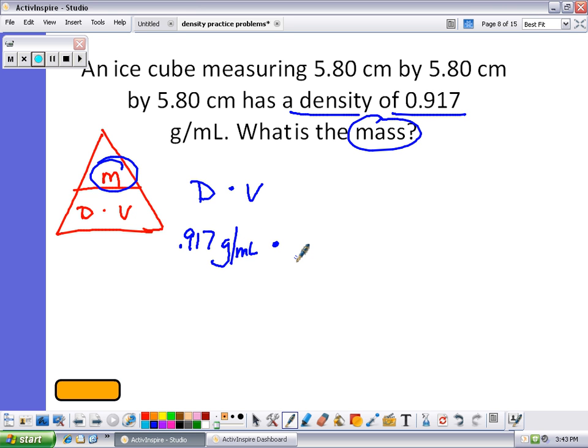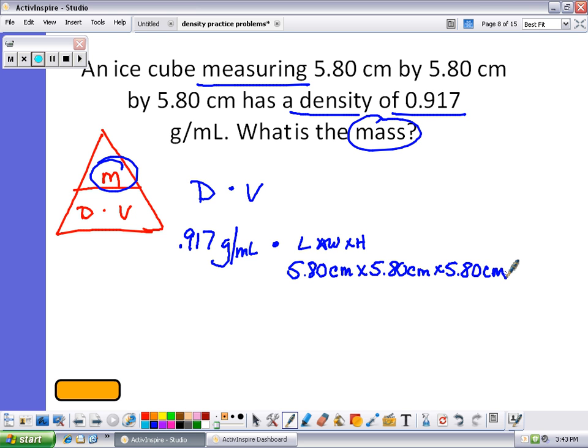Well, it doesn't give us volume, but it gives us our measurements. So volume is length times width times height, so we do 5.8 centimeters by 5.8 centimeters by 5.8 centimeters to give us our volume, which will equal 195.1 cubic centimeters.